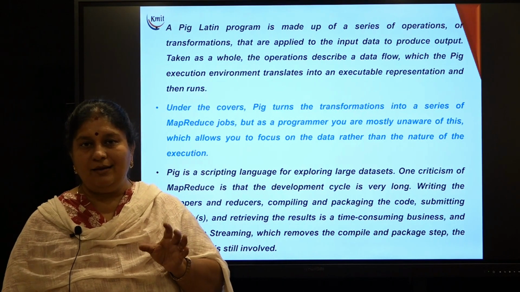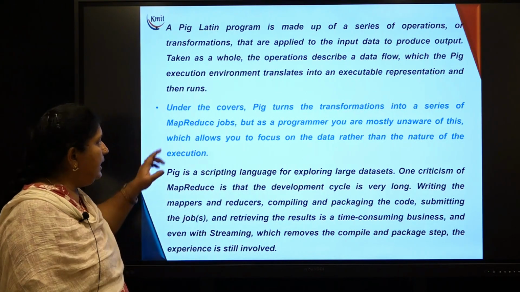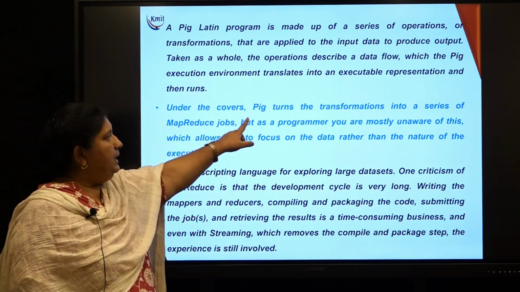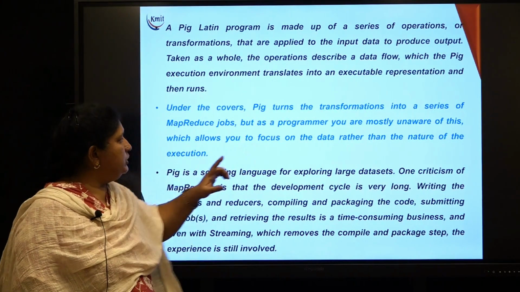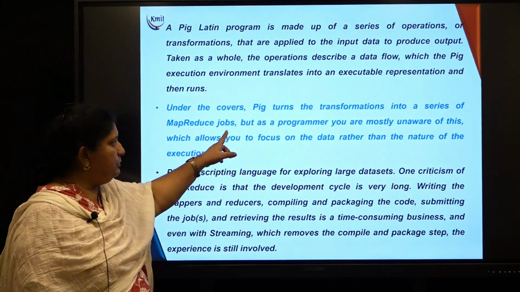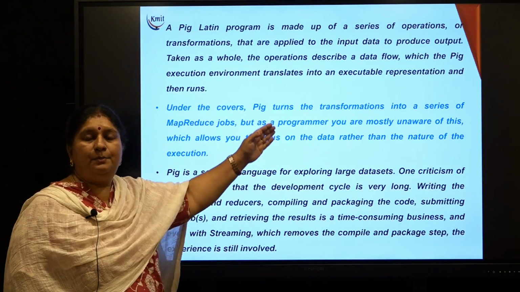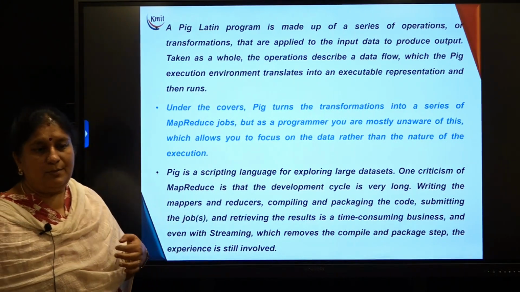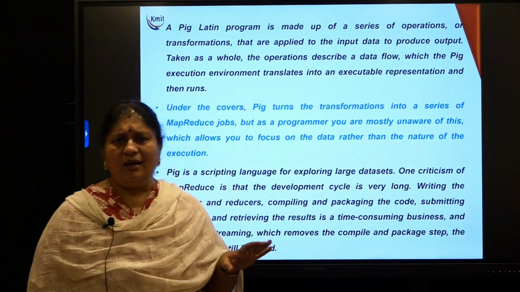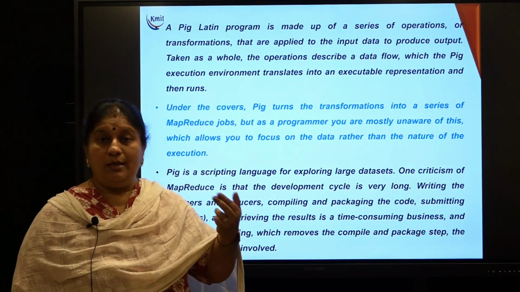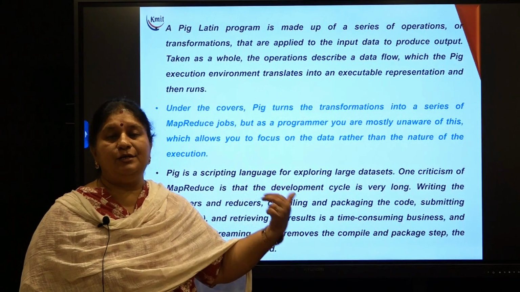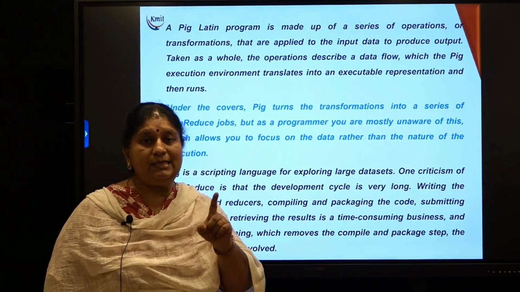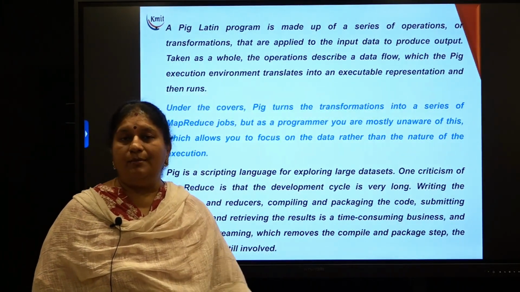Are you understanding? Yes. Then, under the covers, Pig turns all the transformations into a series of MapReduce jobs, but the programmer is not aware of this. What as a programmer we feel is, I have written a line, I got the output. But what exactly is happening inside? It is trying to convert whatever single statement we have written into a MapReduce job.